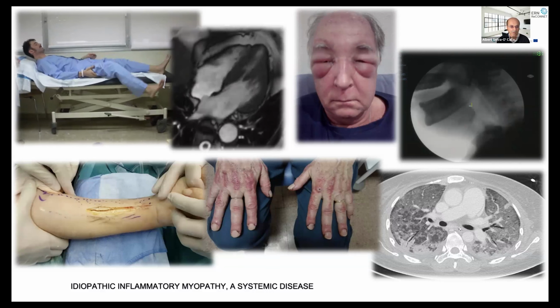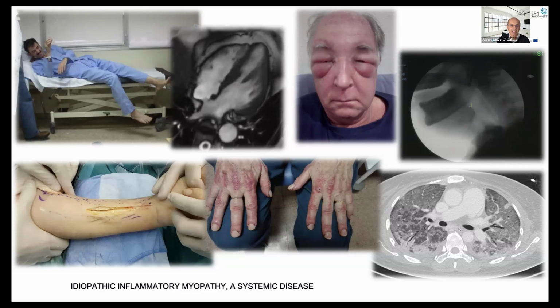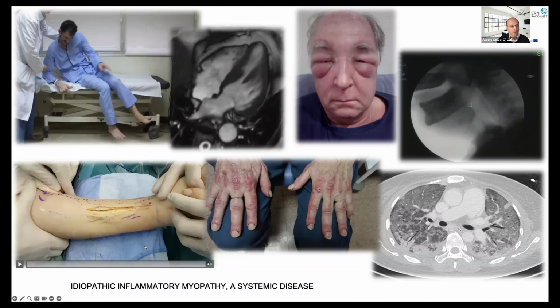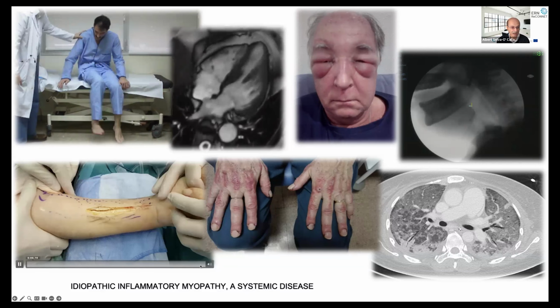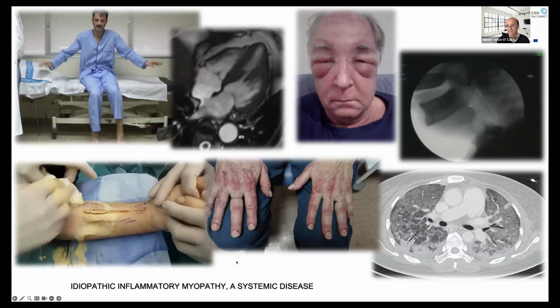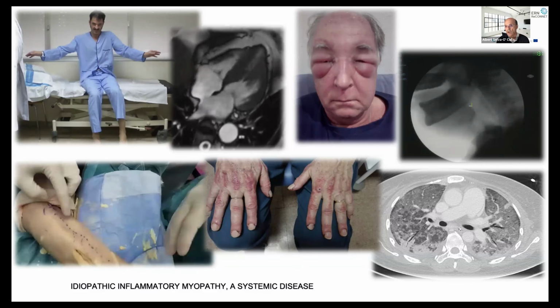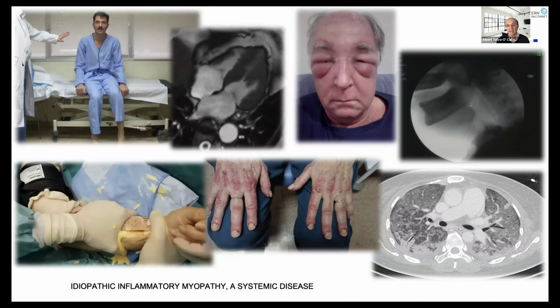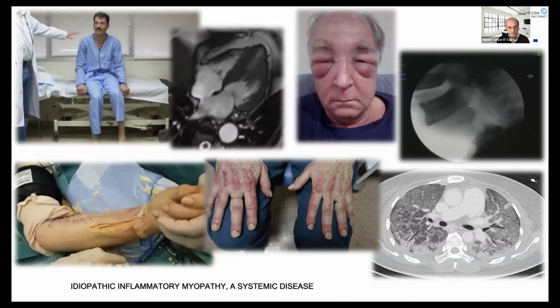Other challenging manifestations, such as calcinosis, as you can see here, may also appear in these patients. So they are definitely not only a muscle disease. Of course, the muscle is important, but they are systemic diseases.